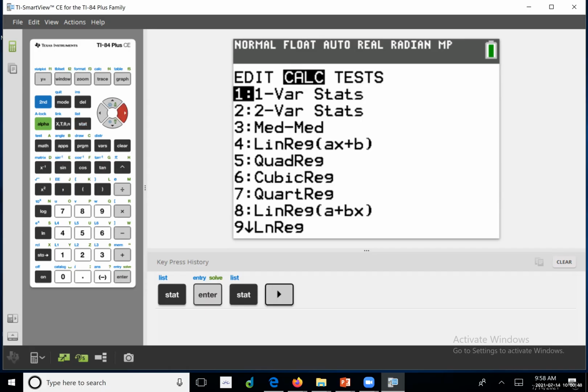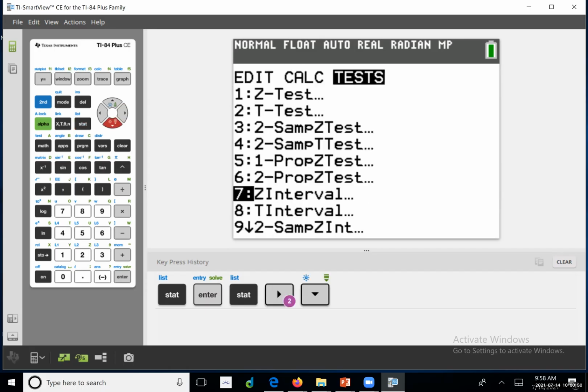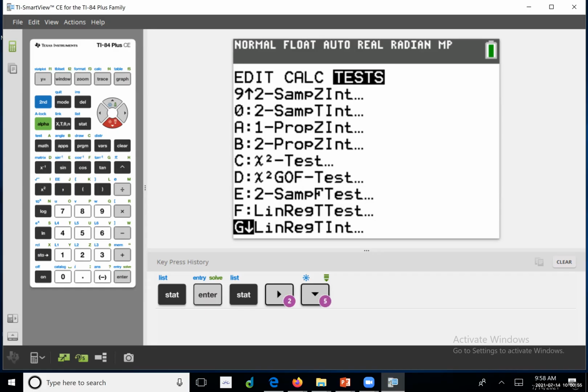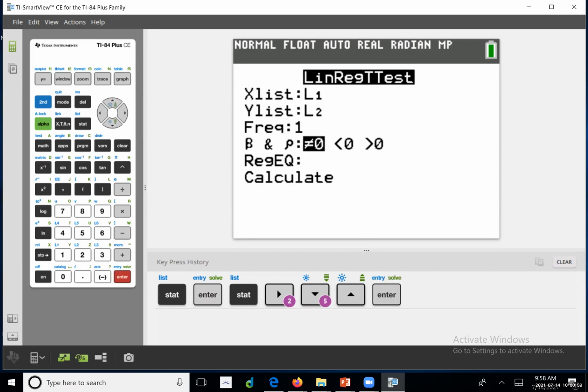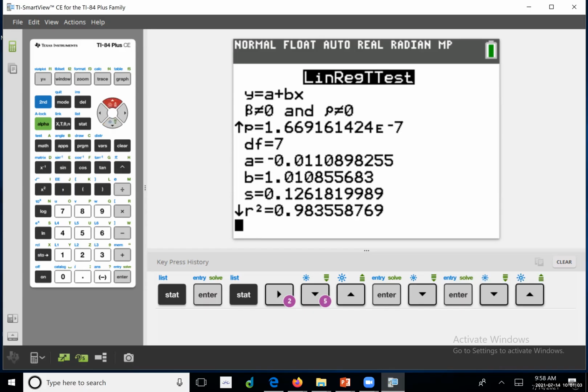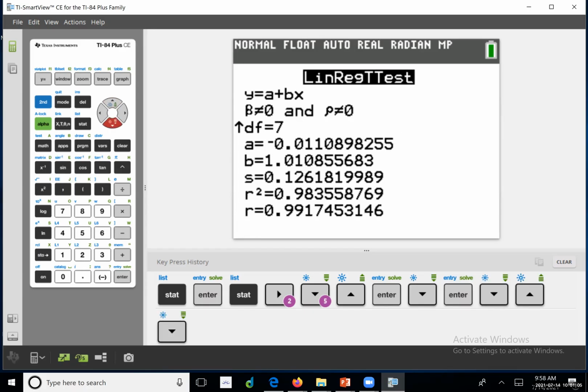So one more thing. When you had the linear regression test, R is the correlation coefficient, in this case 99.